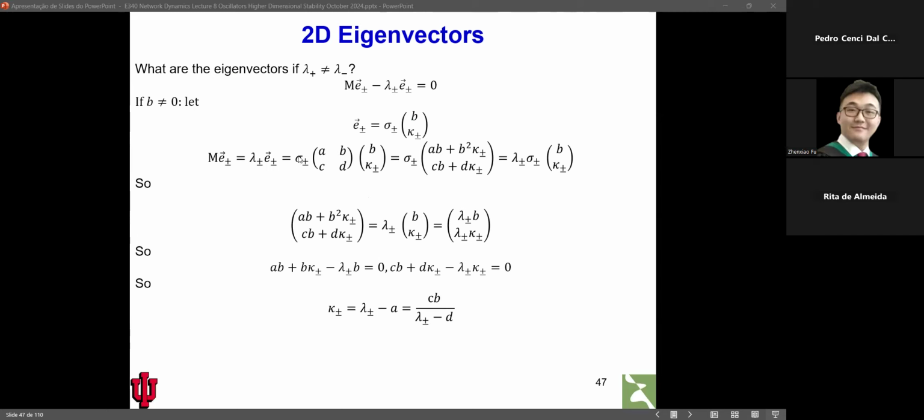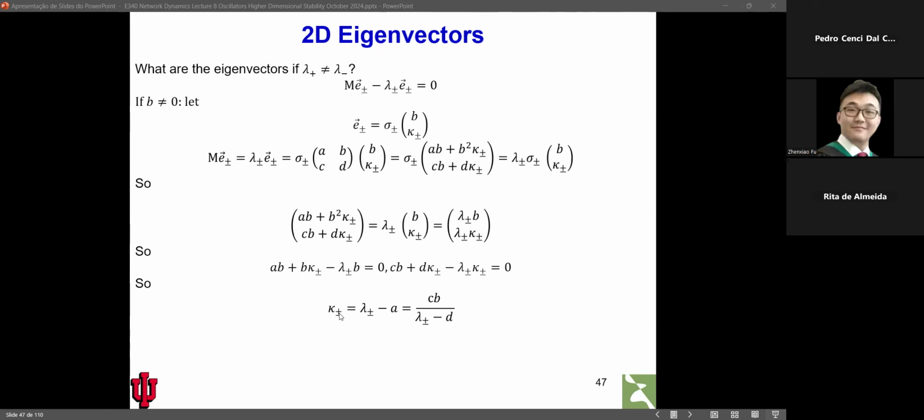You are just going to make all these calculations. I don't know if I should read it, but the point is, you find k plus minus here. It's just making the calculation.